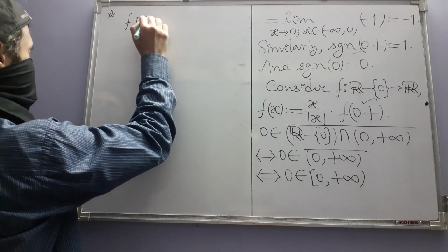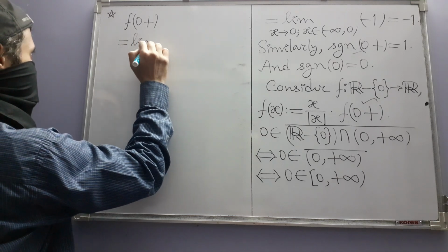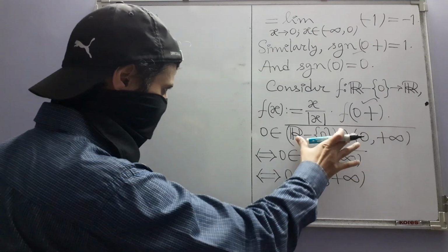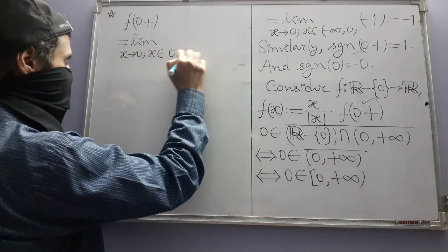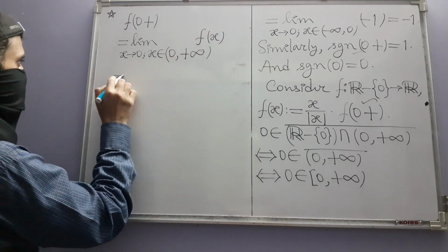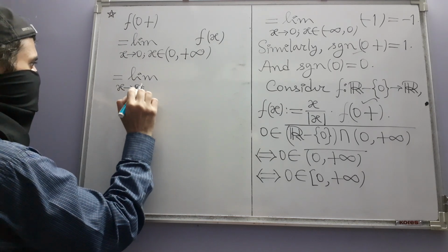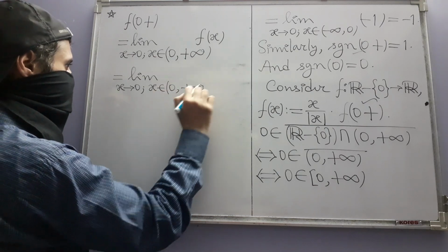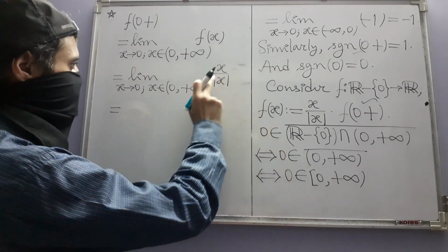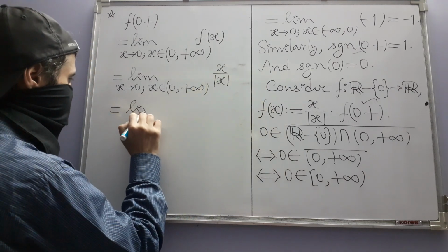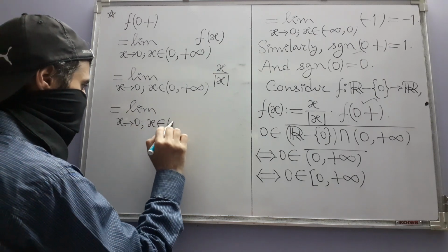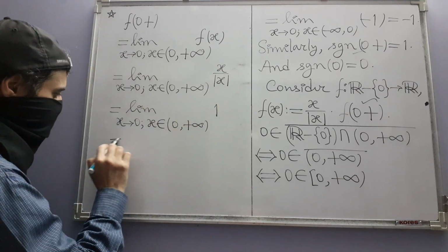So if one starts calculating this, x belongs to, because we have already seen how it looks, so we can just directly write this, f of x, because x is positive, so the absolute value is x itself, which is why this will become constantly 1 regardless of that actual value of x, and so it is 1.